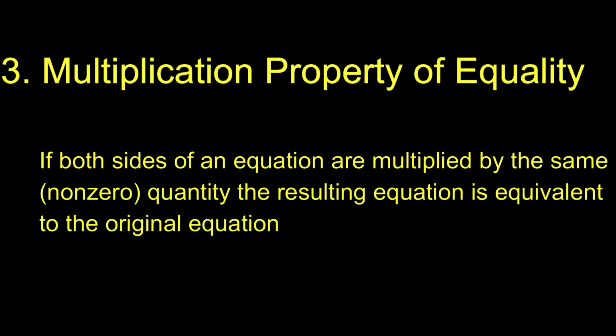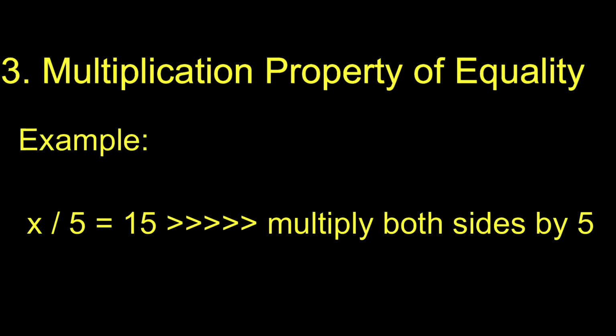Okay, so number 3 rule. This is multiplication property of equality. If both sides of an equation are multiplied by the same non-zero quantity, the resulting equation is equivalent to the original equation. So for example, x over 5 is equals to 15, where you're going to multiply both sides by 5.